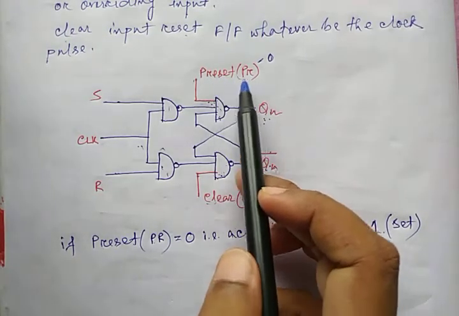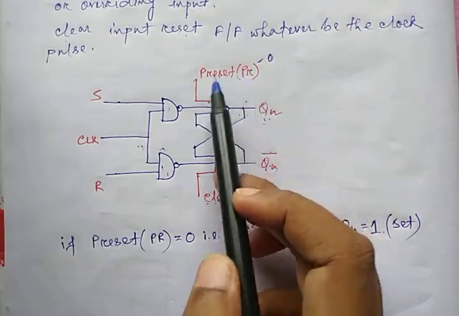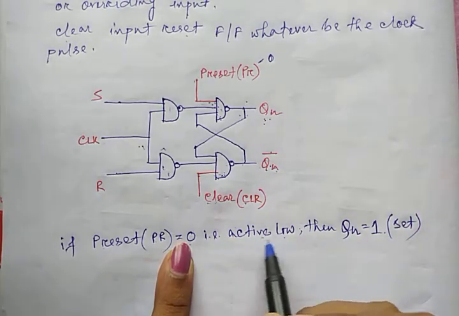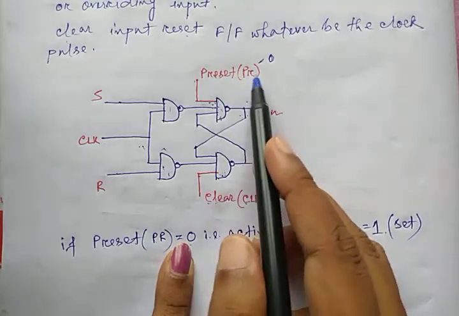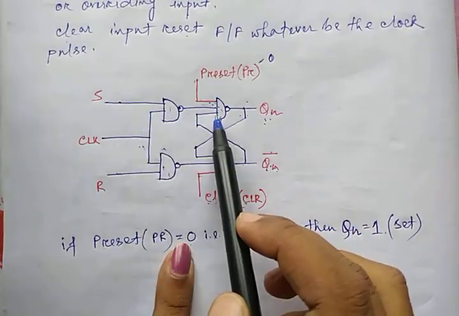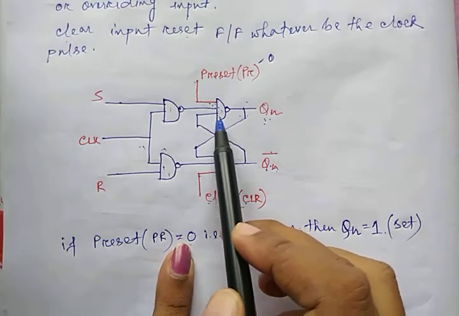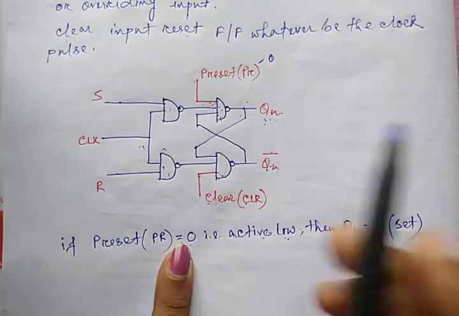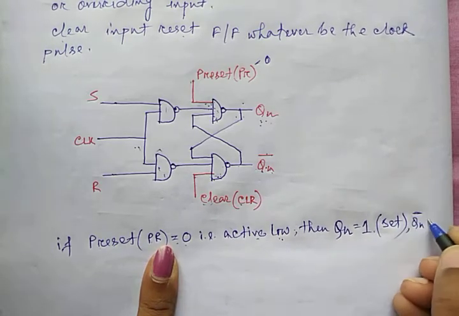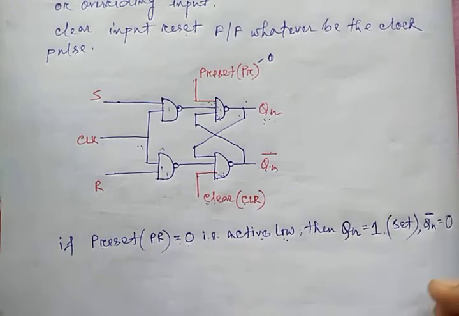Again I am repeating, if you apply an active low value in preset, then whatever the value of the other inputs in the first NAND gate, QN is 1, and obviously QN bar is 0.